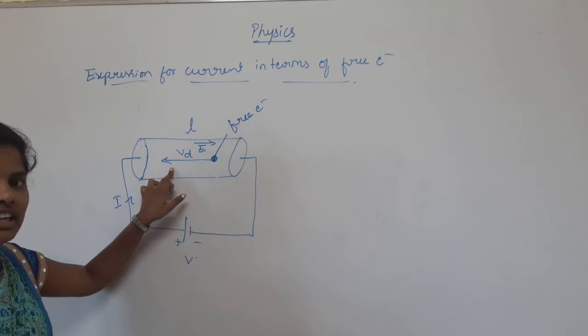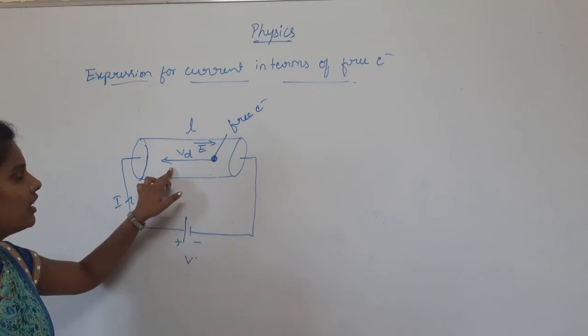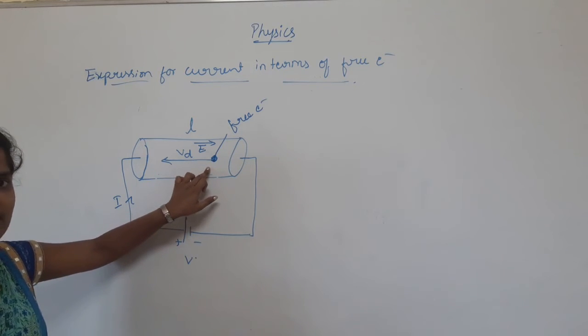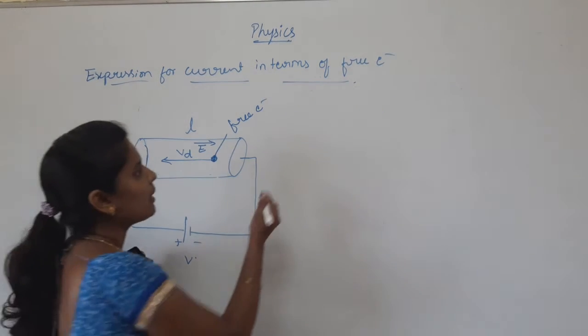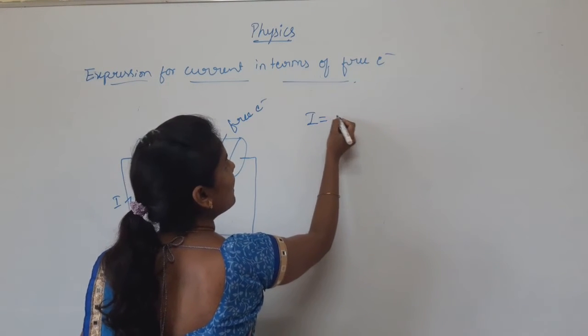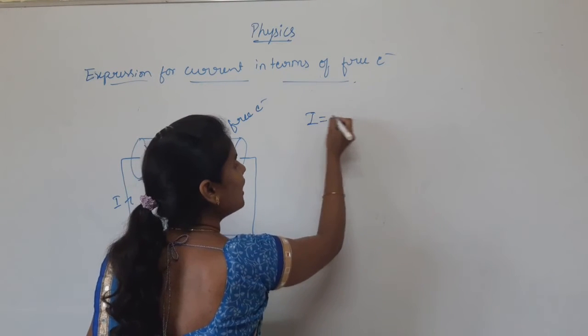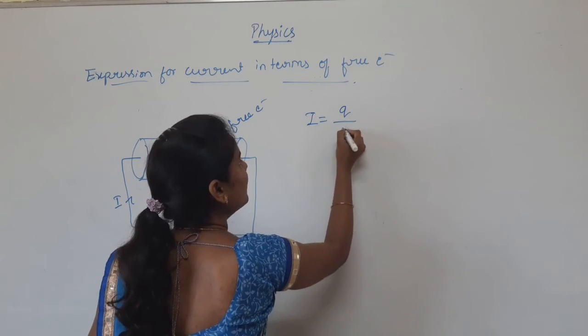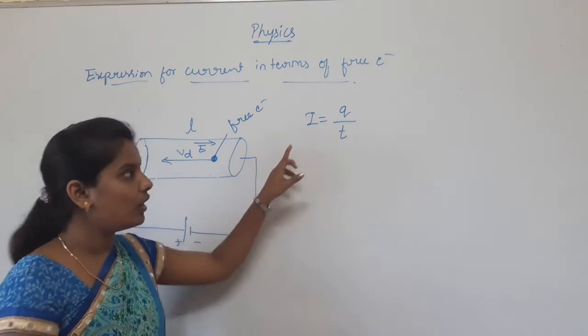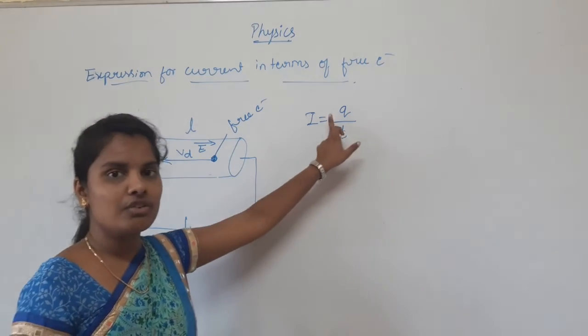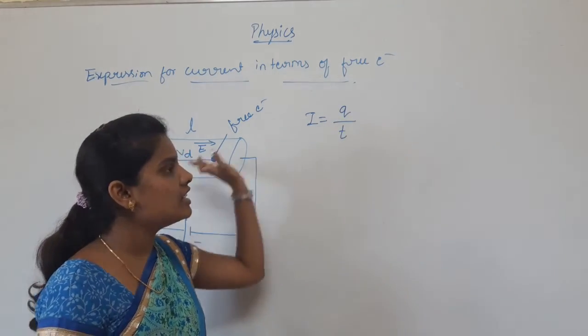Therefore, the current inside a conductor, the flow of electric charge, is given by I equals Q divided by t. This is the expression for current. It is the rate of flow of charges inside a conductor.